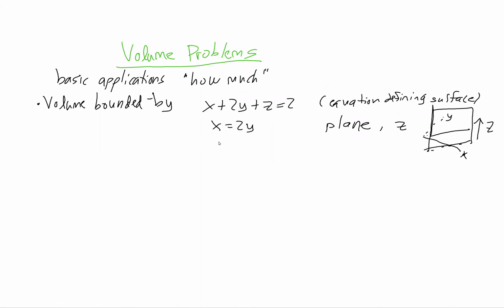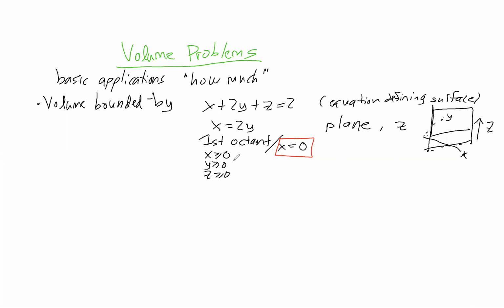And then they might also say in the first octant. Or they might say the plane x equals 0. We'll do the x equals 0 case. Really, what the first octant means is that x is greater than 0, y is greater than 0, and z is greater than 0.